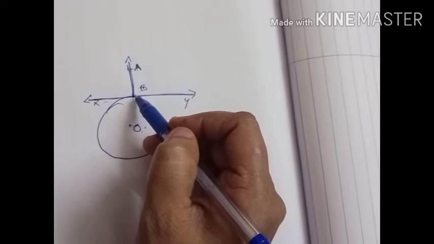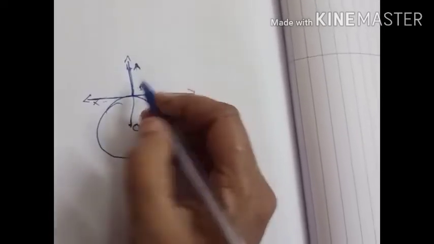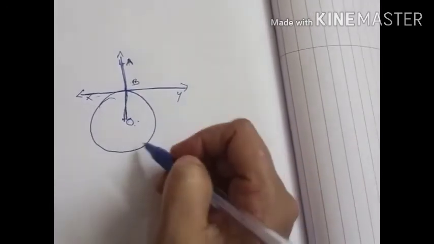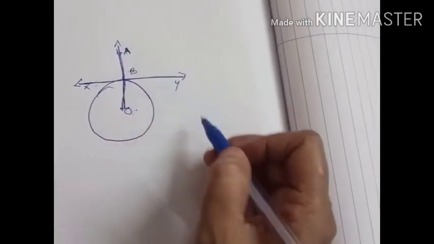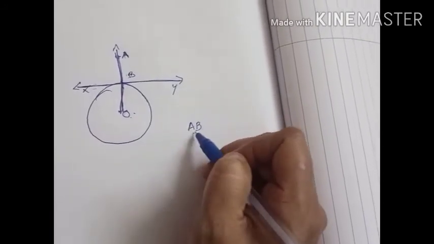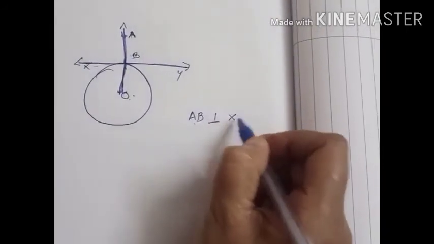Now we have to show that AB passes through the center O. This we have to prove. It is given that AB is perpendicular to XY.